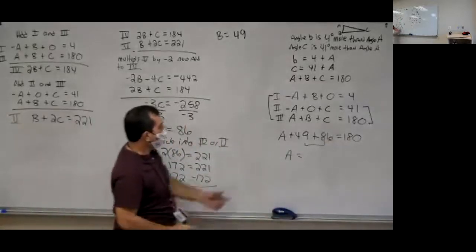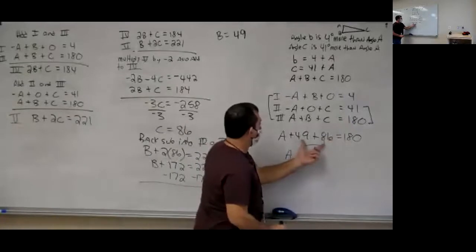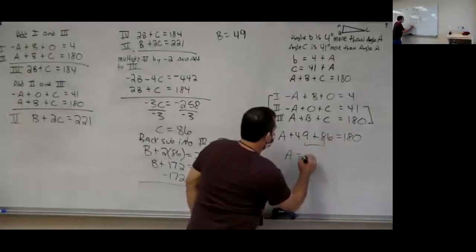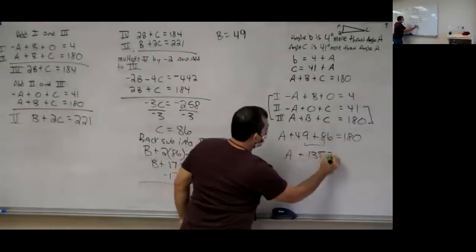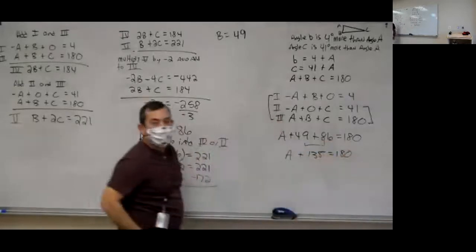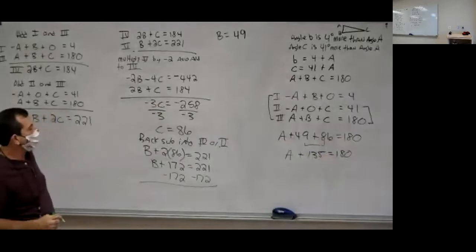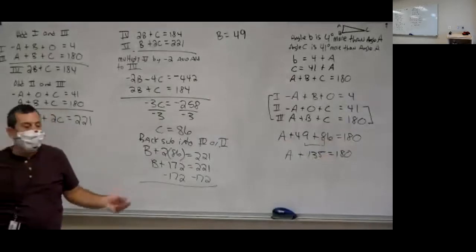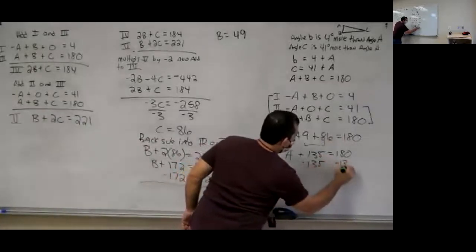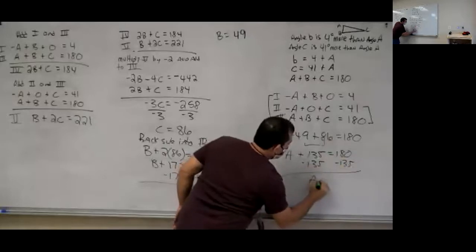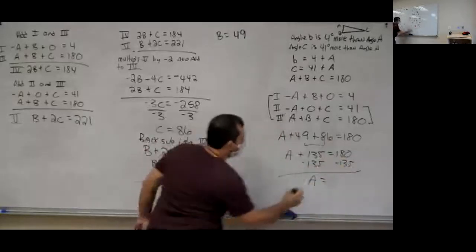So I think this is 135 here, Ron. So A plus 135 equals 180. Subtract that 135 from both sides and we should be done. 45. How many did you get? 45.